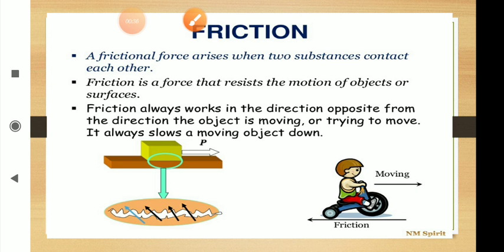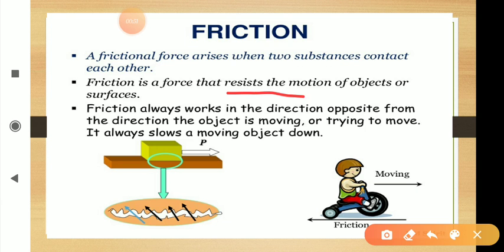So, starting with what is friction. Frictional force arises when two bodies are in contact with each other. In other words, I simply say that a frictional force always resists the motion of a body. For example, I am taking that a boy is moving in this particular direction on a bicycle.